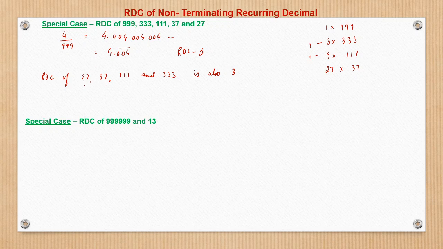Here these two are very important, 27 and 37. We will make use of them in the divisibility rules and all. But just 27 and 37 have RDC of 1. These are important ones, right?